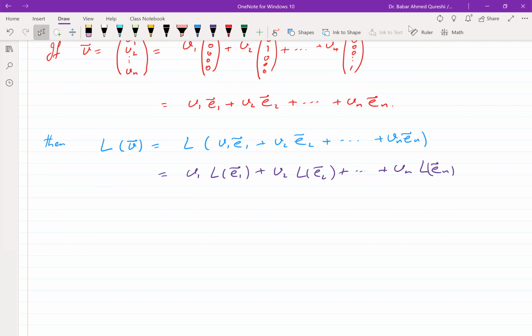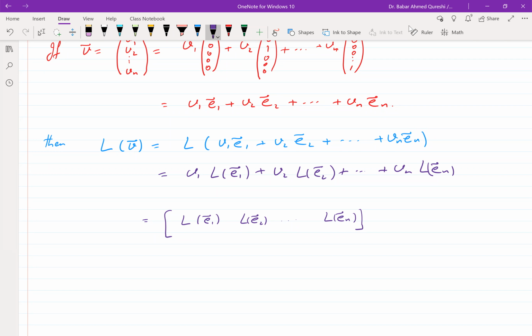So it splits, but you know that if you are given a matrix made up of these columns, each column, because each L takes this n-dimensional column E1 or E2 or E3 into an m-component column.